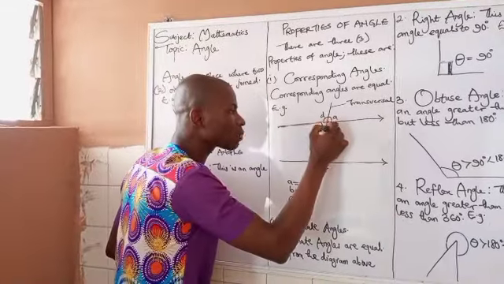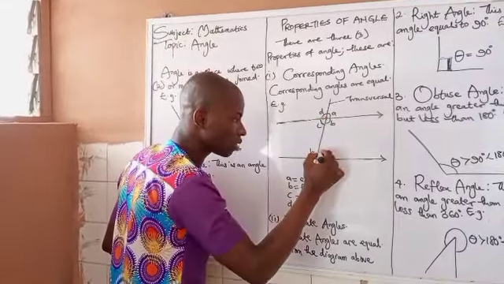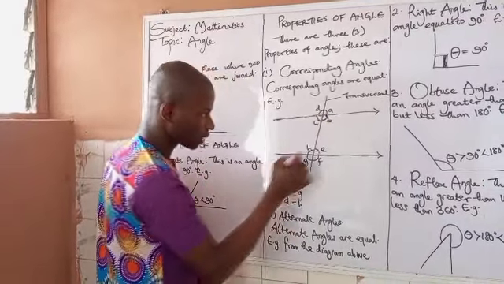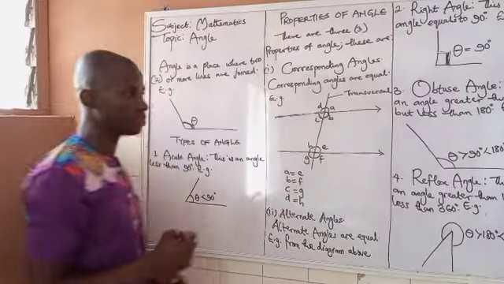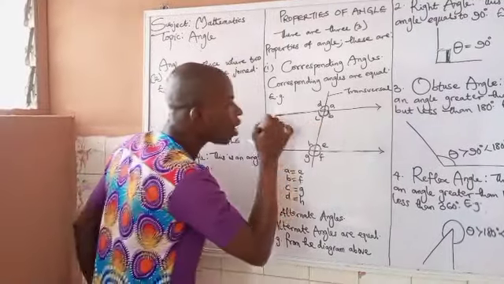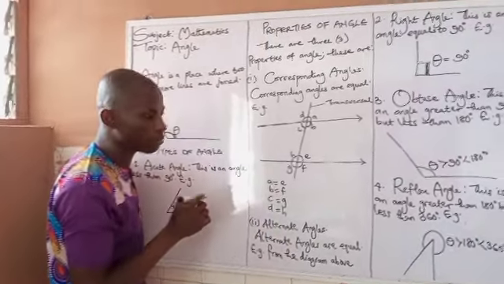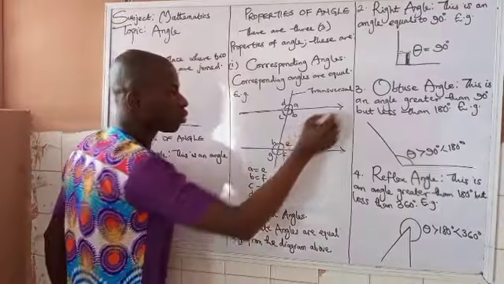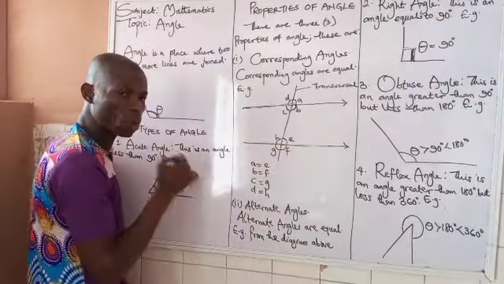So whatever this place is, that's what this place will be. I take it again. Alternate angle always forms Z. Look at the Z, frontward, Z, backward.